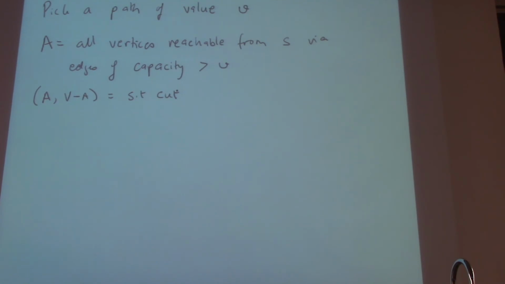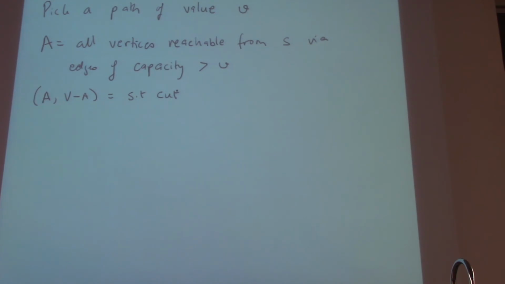V is the maximum value I was able to push along a path from S to T. Suppose T is in A, then there is a path from S to T along which every edge has residual capacity more than V. Why am I not pushing along that path? I can't push along the path because I just said that the maximum flow I could push was V. So there's no way T could be in A, because if T was in A, that would not be the maximum value.